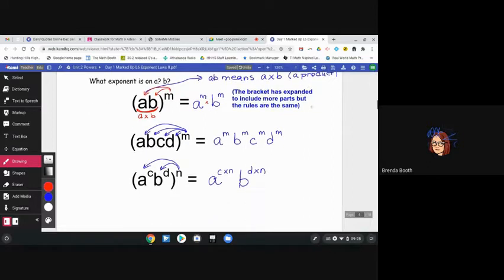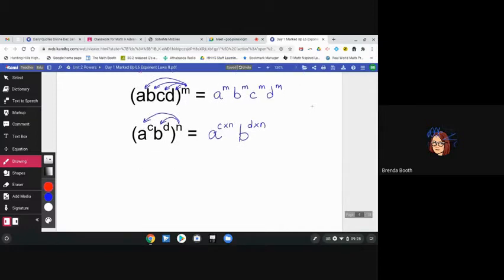And I want you to take a look. We'll make up one more example in here. Take a look at this one. Let's say we have 4n squared m cubed all to the power of 5.